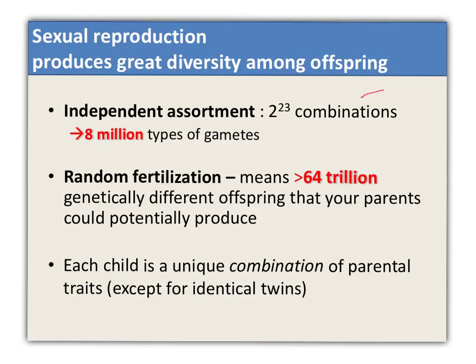Especially a special case of the tangled bank is our interactions with pathogens and parasites. Now, those are constantly moving targets because pathogens and parasites evolve as well to evade our immune systems.